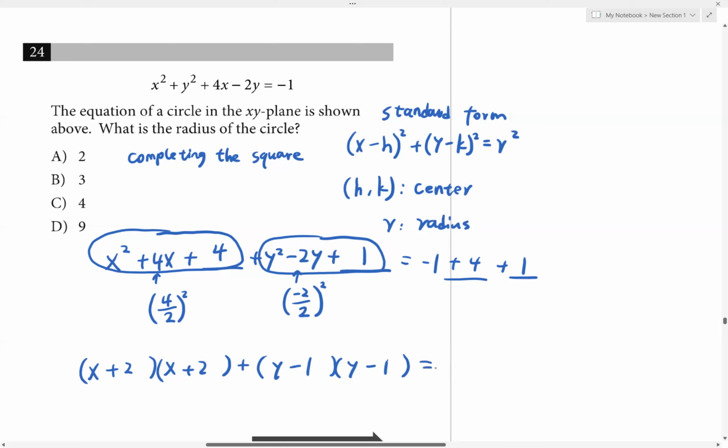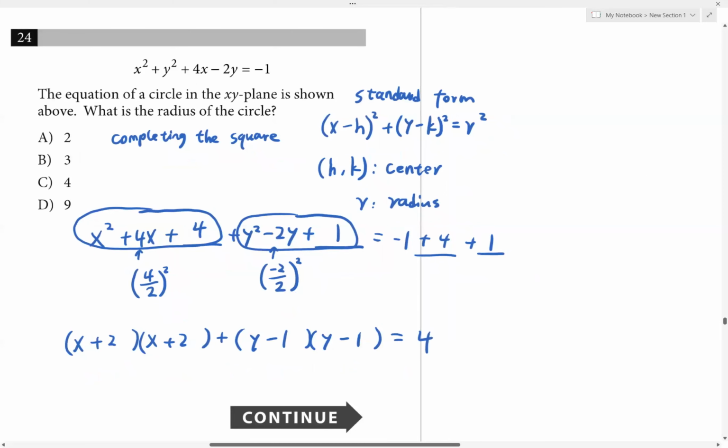On the right side, -1 plus 4 plus 1 is just equal to 4. So we're almost there to rewrite it. Here we have (x plus 2) times (x plus 2). Since we have two of the same factors, we can rewrite it as (x plus 2) squared. And then we have (y minus 1) squared equal to 4.